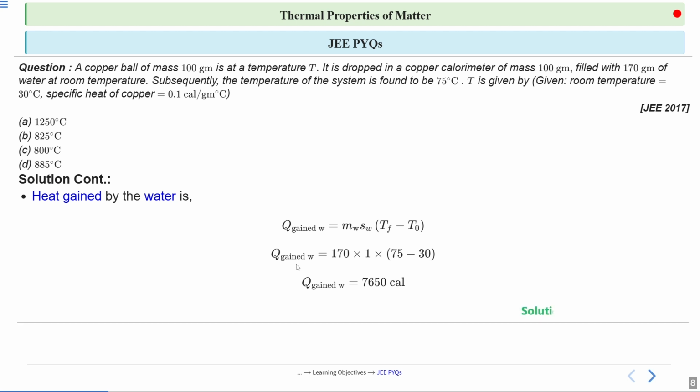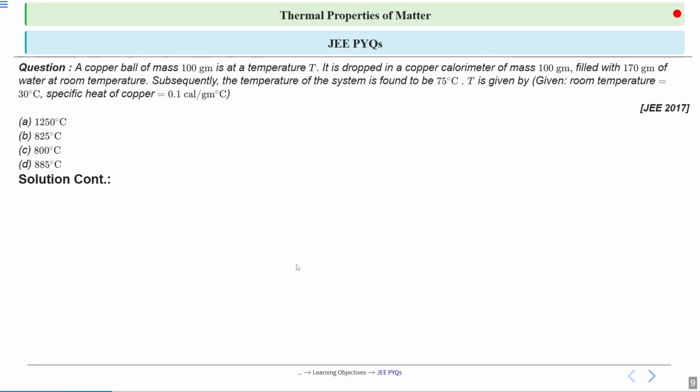Now using these terms, we will calculate the value of T by using the principle of calorimetry. So heat lost is equal to heat gained by the calorimeter plus heat gained by the water. Just put the values.